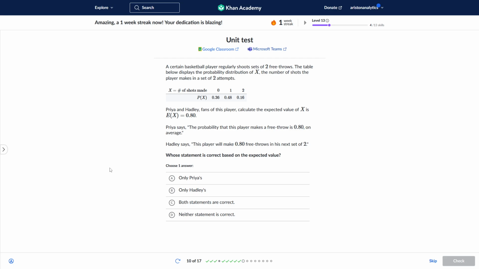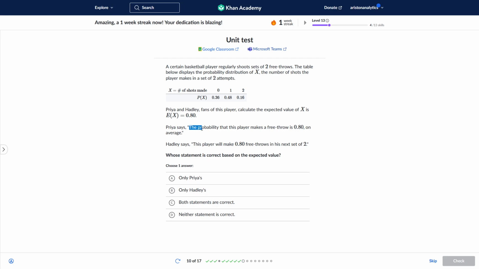Thank God. A certain basketball player regularly shoots sets of 2 free throws. The table below, okay, the number of shots, and then 2 people make statements. This is expected value. The expected value is 0.8.